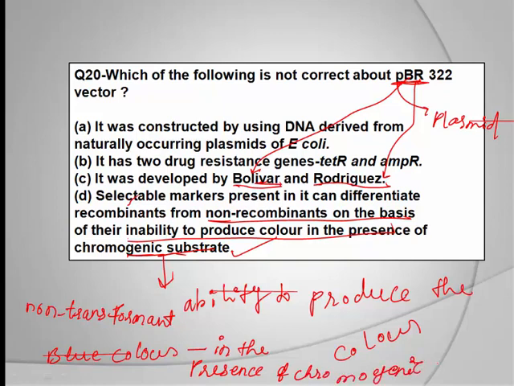So they have the ability to produce the color, but the given option says on the basis of their inability to produce the color. It is not inability, it is ability to produce color. On the basis of that only, the transformants and non-transformants can be clearly identified.